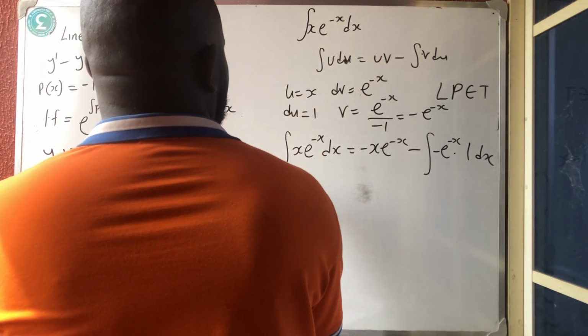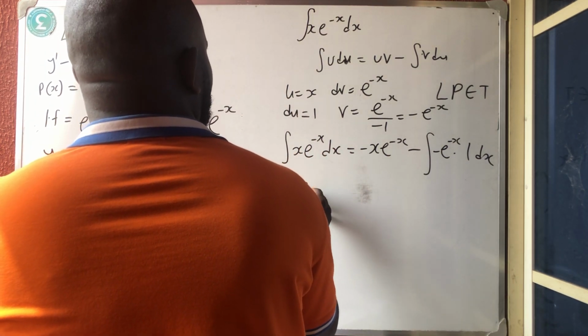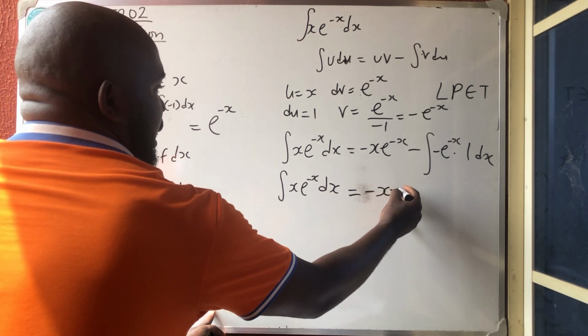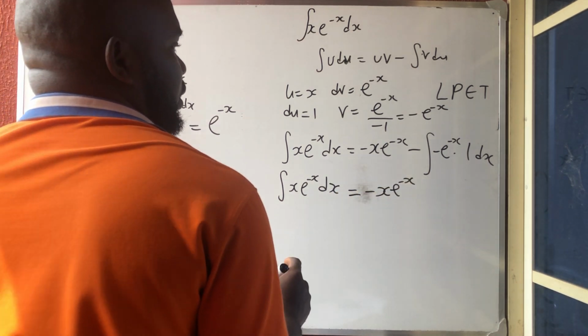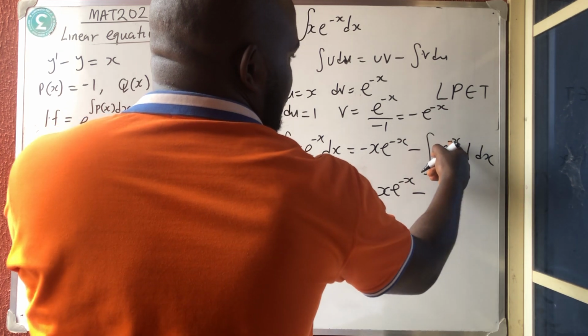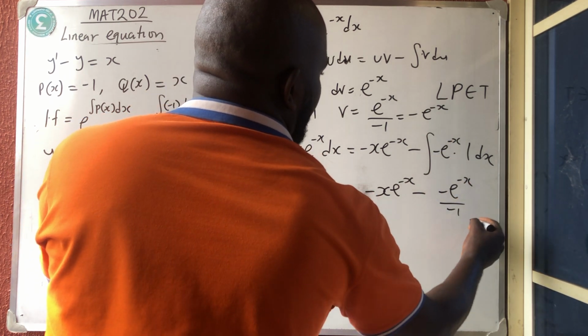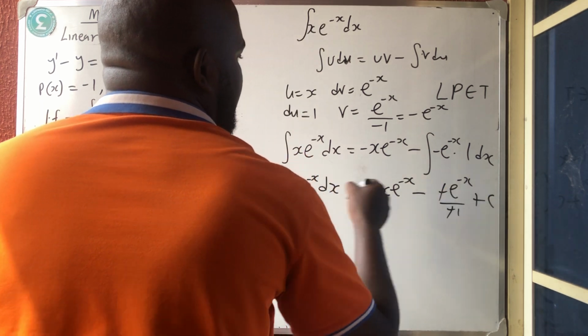The du is 1, so the x. So my answer is now the integral of x e raised to power minus x dx is equal to minus x e raised to power minus x, minus the integration of this, which is minus e raised to power minus x all over minus 1, then plus the constant. So minus will take care of minus.